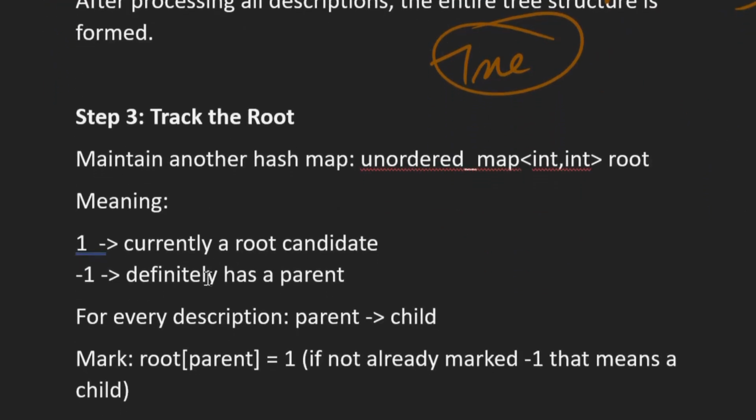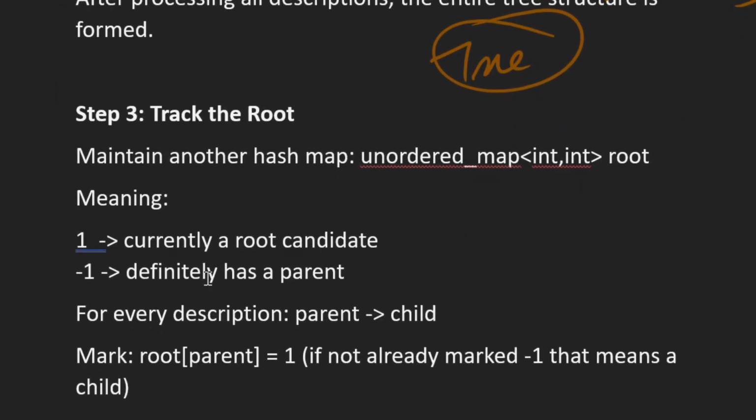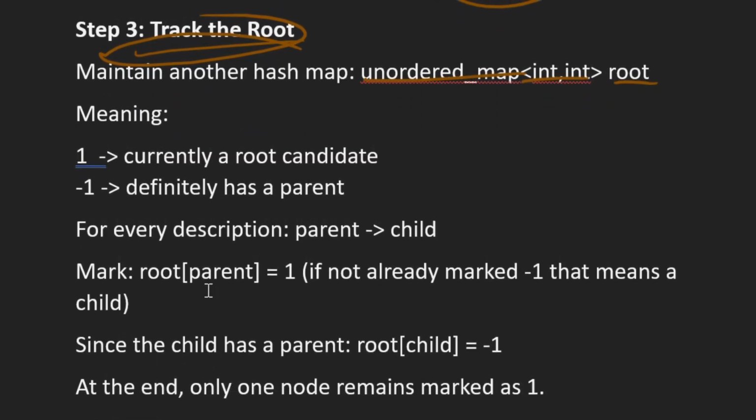The third thing that we need to do is find the root node. For finding the root node, we maintain another unordered map of type int comma int, called root.